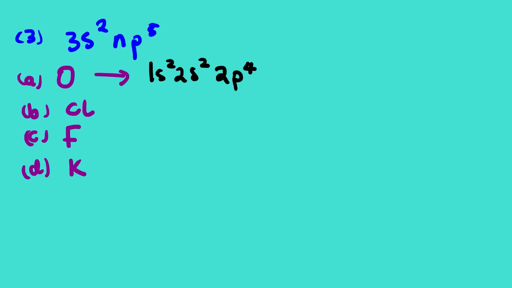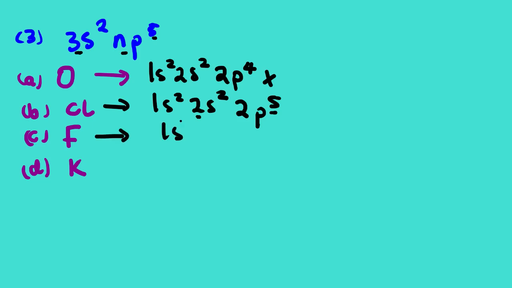So we can see that we do not have a 3s orbital, and the exponent is 4 instead of 5, so this one cannot be it. Let us look at chlorine. 1s2 2s2 2p5. So you can see that we have this exponent, but look at the principal quantum number, it's 2 instead of 3.